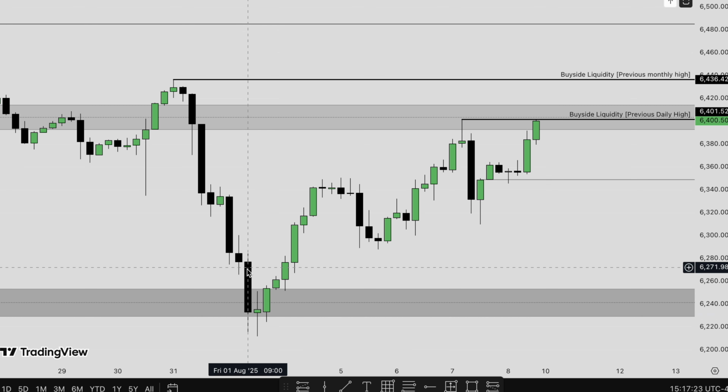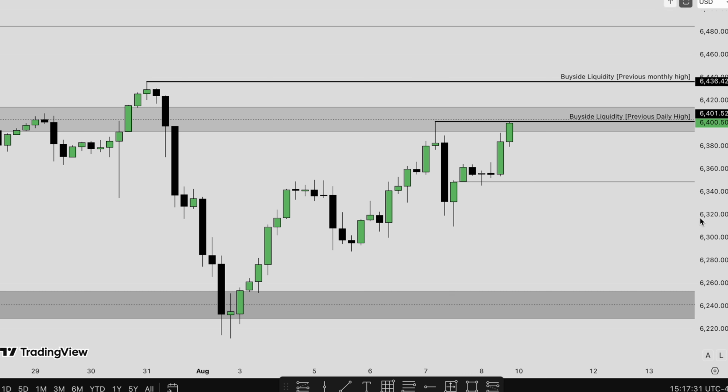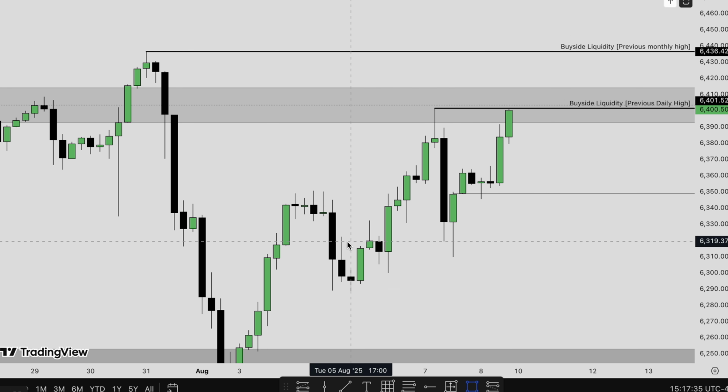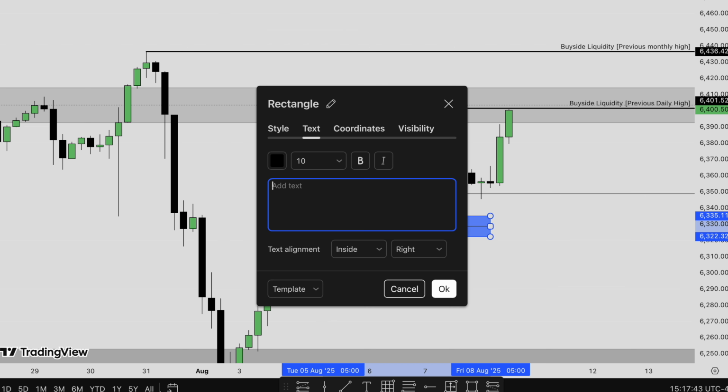You know, we inverted this, traded into this BSI right here, we respected it, and then look at how price just respects this inversion fair value gap right there. Look at how we respect that.